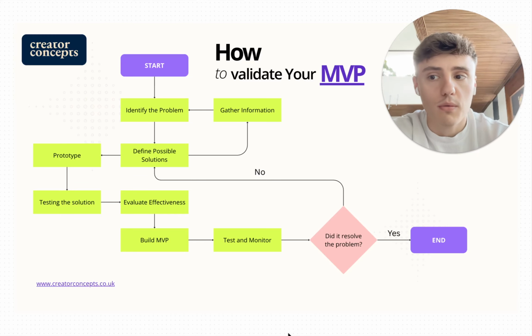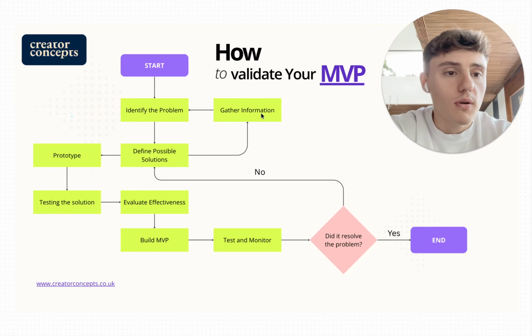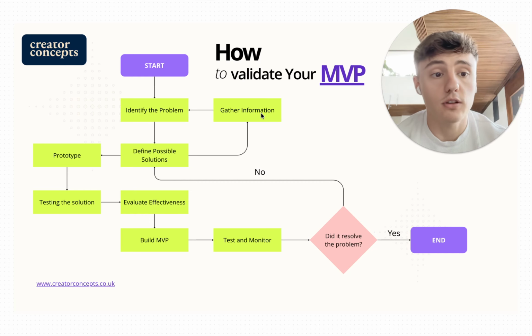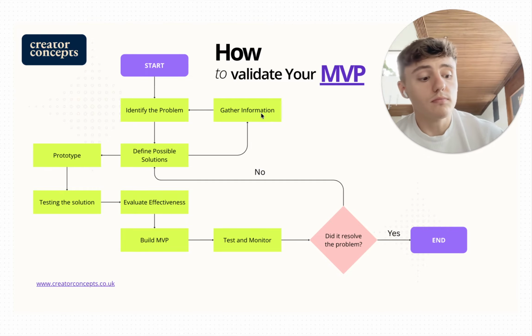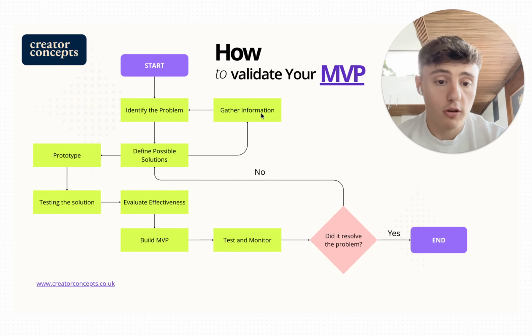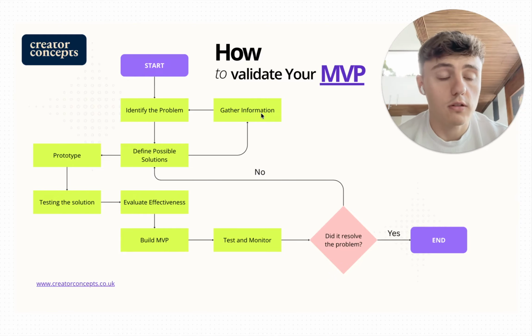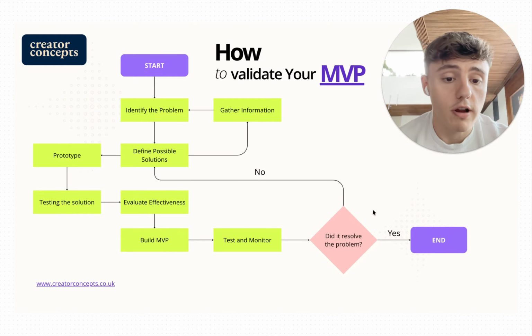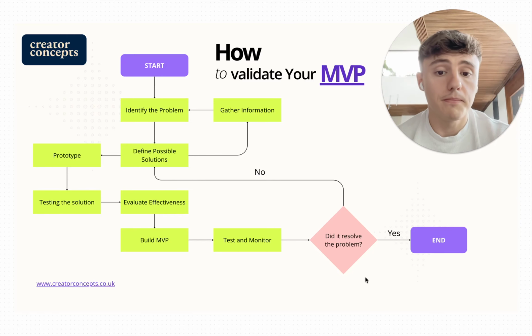You never really know how users will interact with your product until it's live, until you get to this monitor phase. So really important that you kind of stay in that phase for a good 3 months, at least, continually testing, monitoring, and also speaking to those customers and those users as well. Essentially trying to understand, did it resolve the problem?